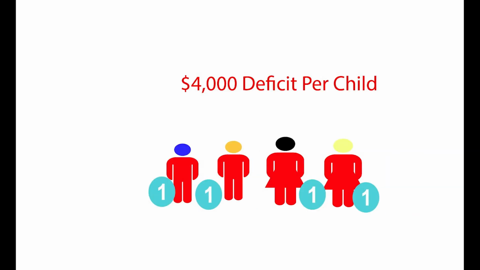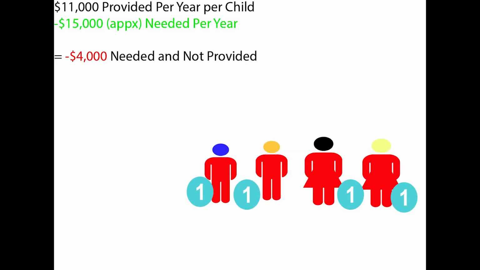Here's a brief calculation of the deficit. You see that $15,000 is required. However, only $11,000 is being provided in this example. That means that there is $4,000 that is needed, but it's not being provided by Mr. 1 for each of his 4 children with his wives.